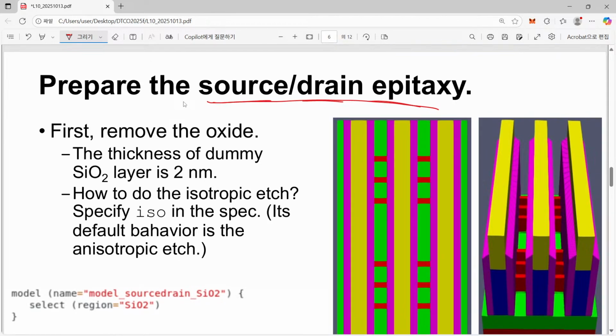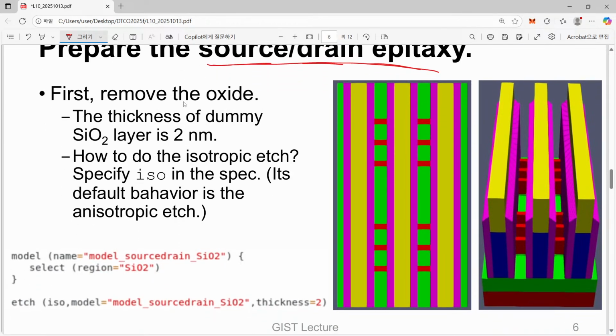So this is a top view of our current situation, and this purple one, as you now understand, corresponds to our silicon oxycarbon nitride, and this is a dummy gate, and this is the place for source and drain epitaxy.